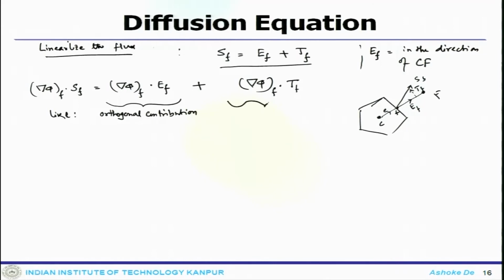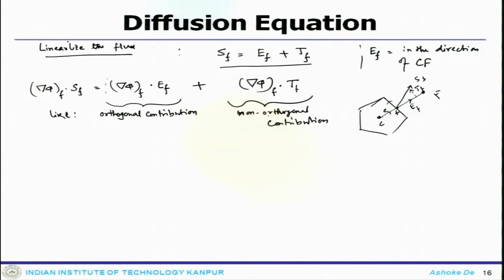Now, what about this term? This is another term which will look like our non-orthogonal contribution. The first term looks like our orthogonal contribution, where the component of the surface vector goes along the unit vector of E. The other goes along this direction, which is the non-orthogonal contribution.